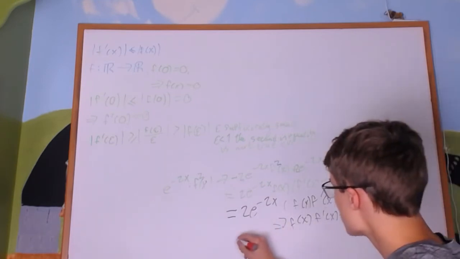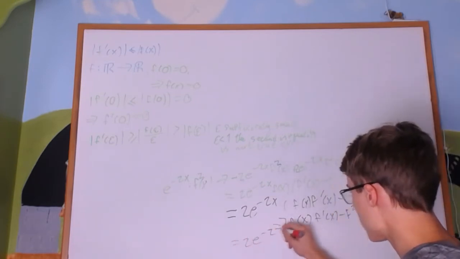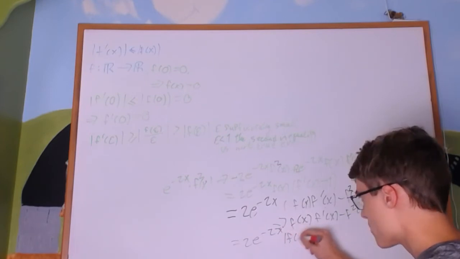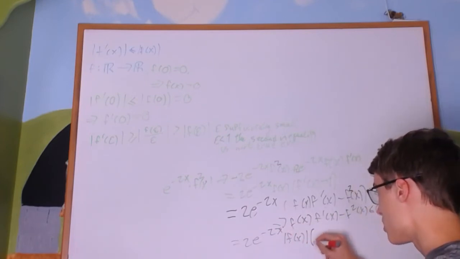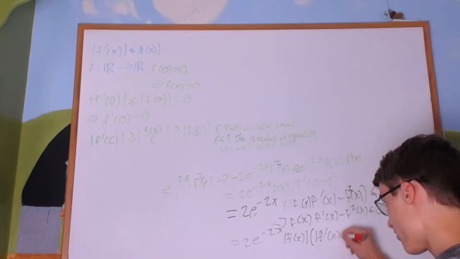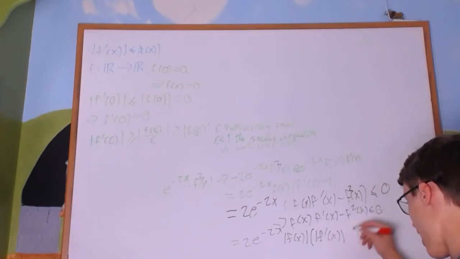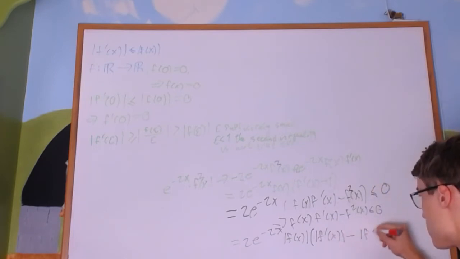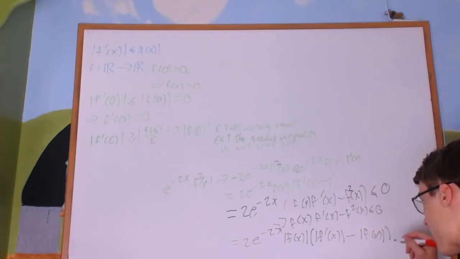Alright, so you get 2e to the negative 2x, absolute value of f of x, absolute value of f prime of x minus absolute value of f of x.